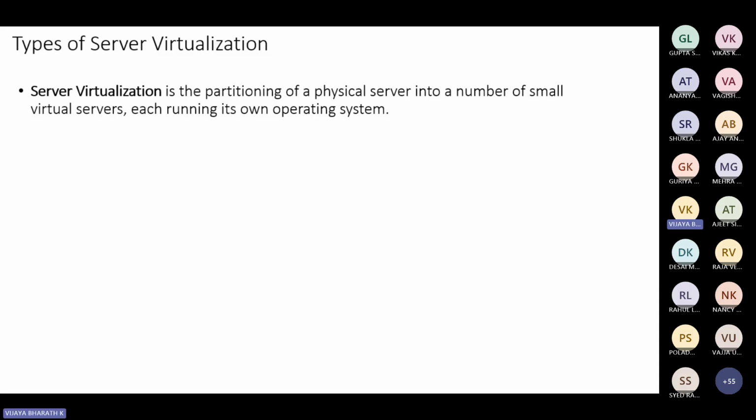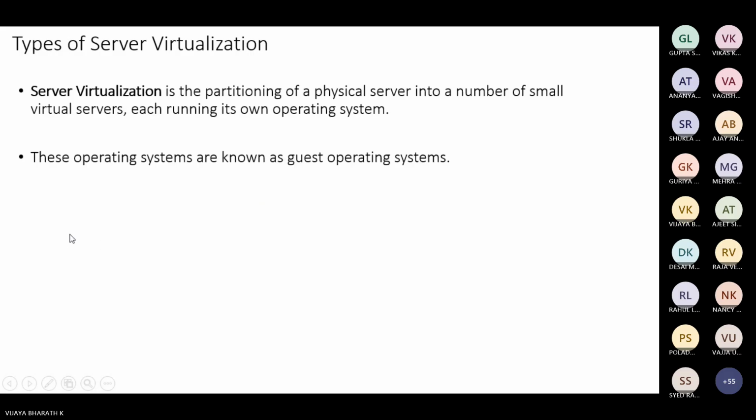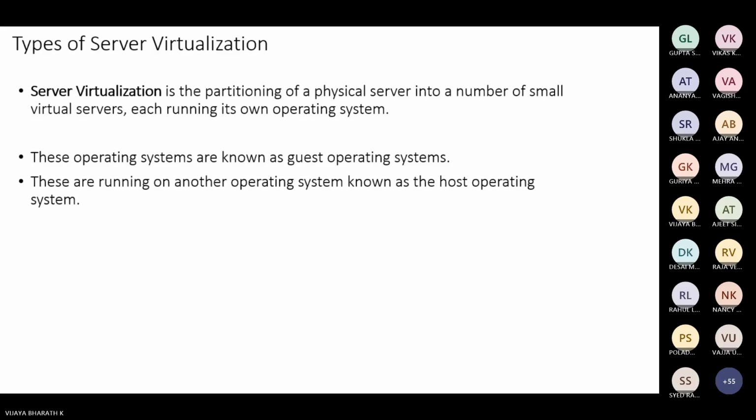Now let's see the types of server virtualization. Server virtualization means partitioning a physical server into a number of small virtual servers, each running its own OS, as we saw from the first diagram. These operating systems are known as guest operating systems. They run on another operating system, which is known as the host operating system.